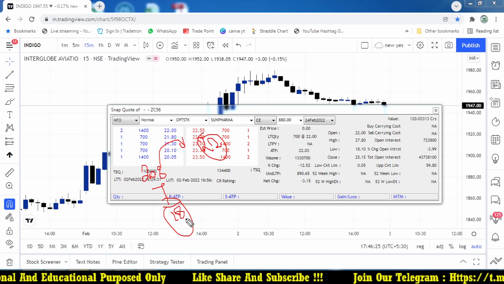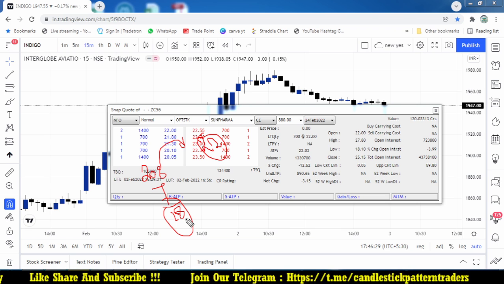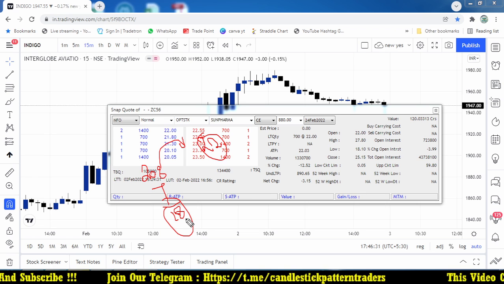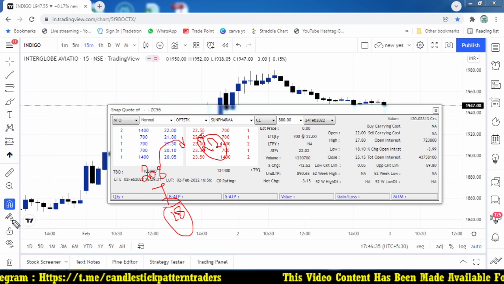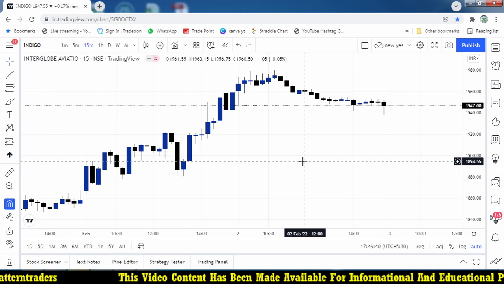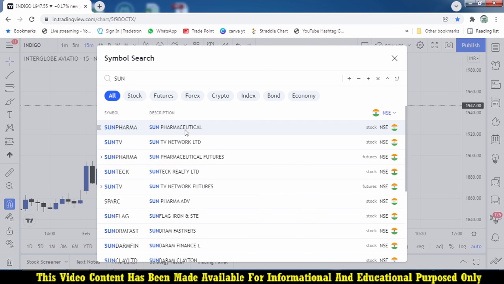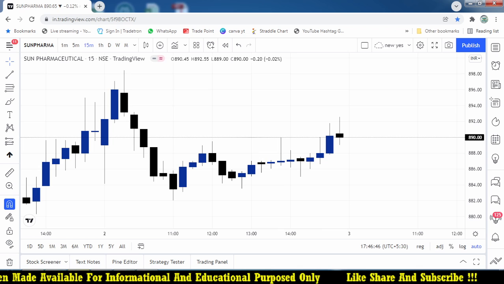So there is another 1 rupee, or another 1000, as profit, but it never triggered my stop loss and never hit my target. It ended with a small profit. We fixed a stop loss of some 3-4 rupees for Sun Pharma, but till the end of the day the stop loss was not triggered.